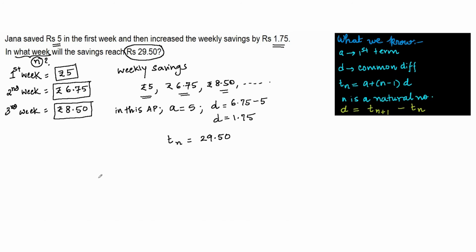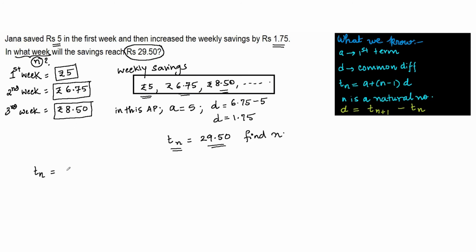So is it the 20th week or is it the 17th week or the 27th week? That is what I'm trying to find over here. So basically Tn is 29.50. I am trying to find the value of n. I know that Tn, and I can apply this formula of AP because the weekly savings that we have listed, these basically form an AP, if you notice.